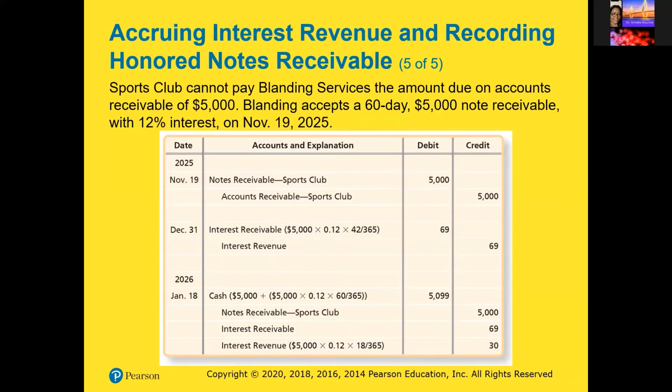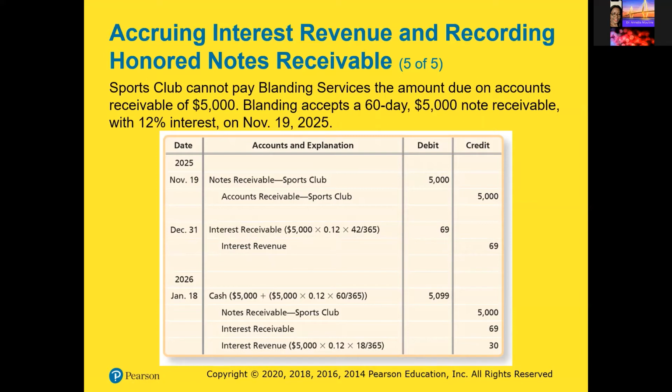Here in this example, Sports Club cannot pay Blending Services the amount due on accounts receivable of $5,000. Blending accepts a 60-day $5,000 note receivable with 12% interest on November 19, 2025.